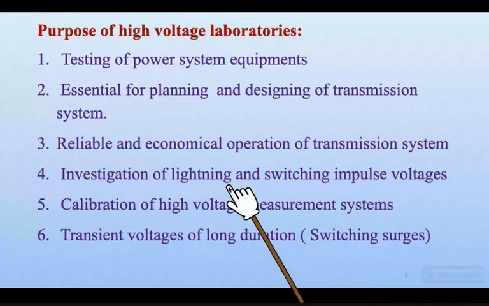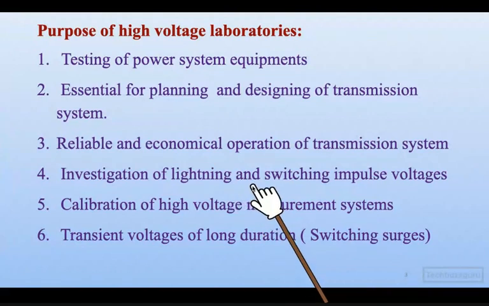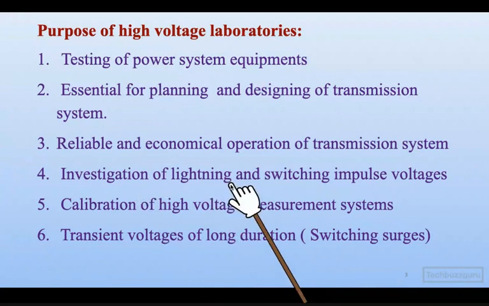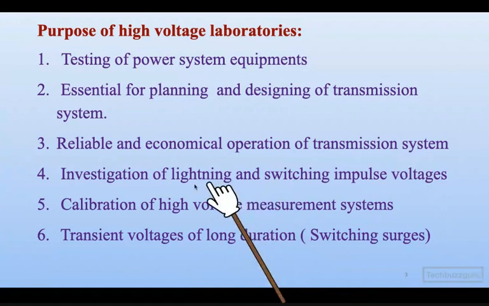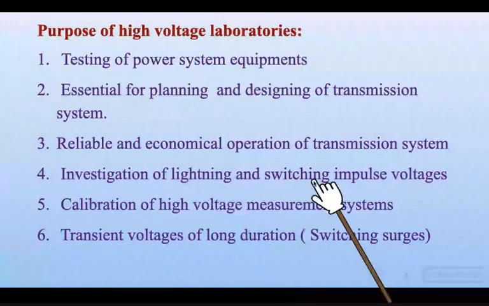Nearly 3 to 4 months are rainy season and lightning can strike anytime, carrying a huge amount of static energy. If it discharges onto the transmission line, our equipment should not get damaged, rather it should provide some kind of safety. The equipment which can provide safety to the transmission network requires investigation of lightning and switching impulse voltages.